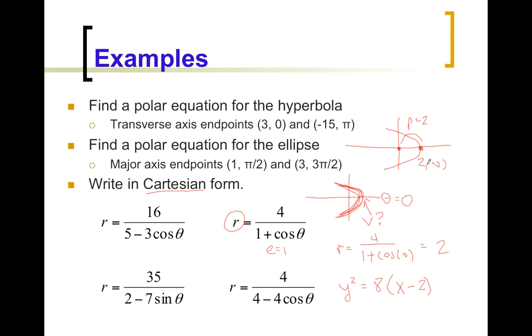All right, so notice what I did. I just figured out where is my vertex, and then I used that to figure out where everything else was at. And now I have the rectangular mode of a polar equation.